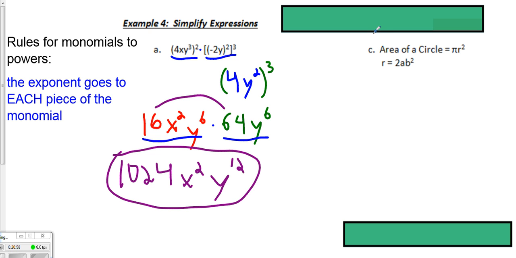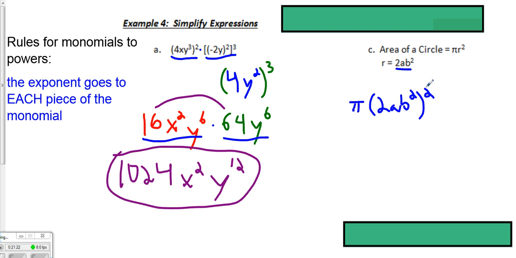So they didn't give us an actual number, they gave us another expression. Well, we'd have to plug this expression in for r. So we would say then it is pi, instead of times r, it's times 2ab squared. Instead of r being squared, it's this whole thing being squared.